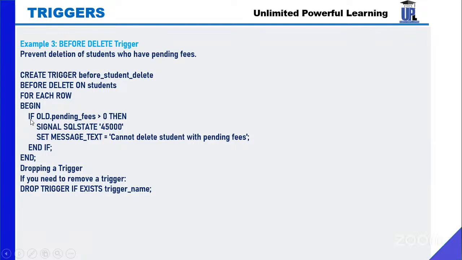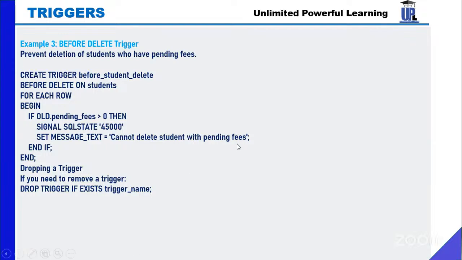If old.pending_fees are there, then raise a signal. Signal is nothing but an exception to be raised. The number we have given is 45000. Set message text: cannot delete student with pending fees. So unless they clear the pending fees, we are not allowing any operations. This is how the triggers can be created.